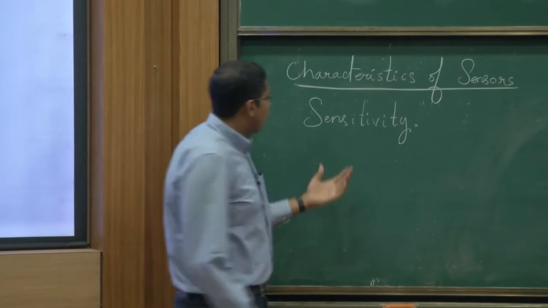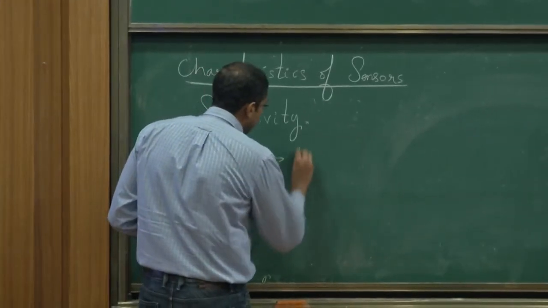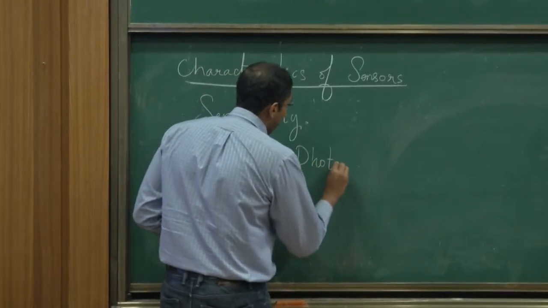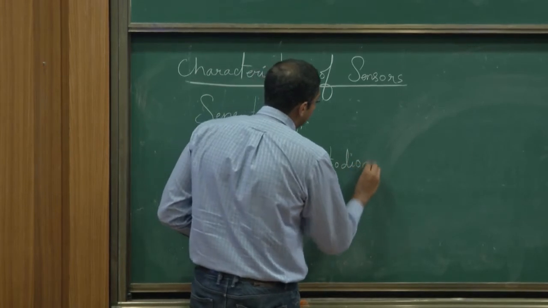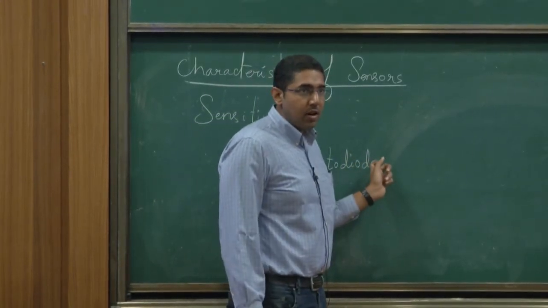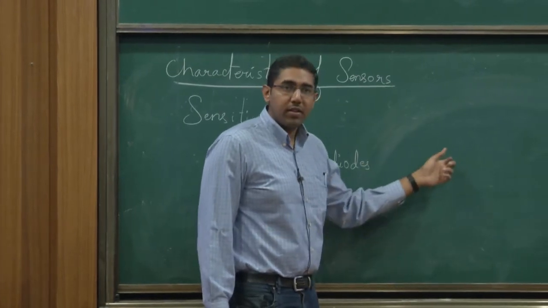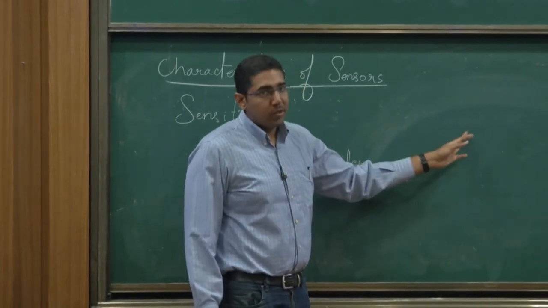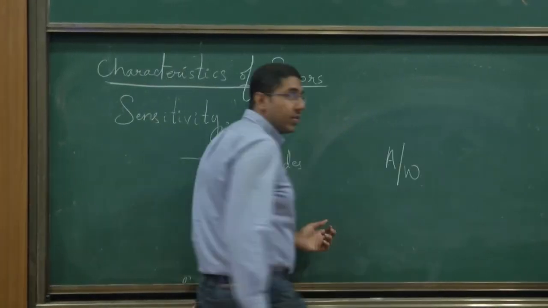So let's take some examples. Let's say you take photodiodes. What is the input to the photodiode? Light of certain power. What is the output? Current. So the output is a current, the input is optical power.